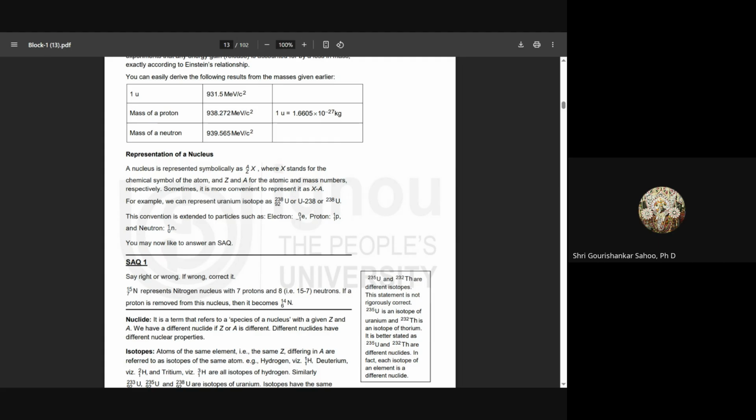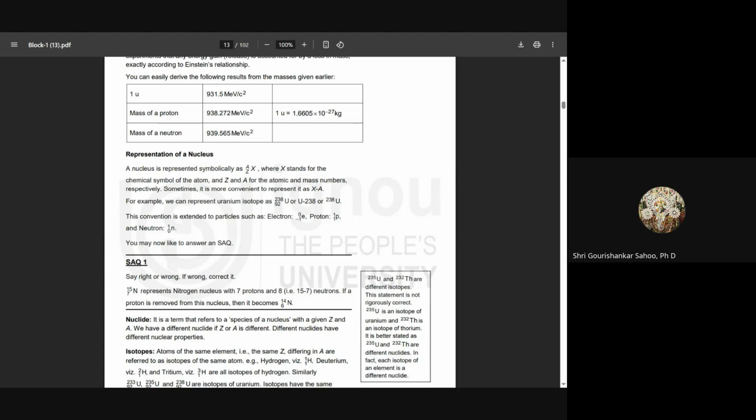You can also write U superscript 238, and in some representations the atomic number is not written. Only the mass number, the number of nucleons, is written. So 238 is the mass number that represents the number of nucleons.